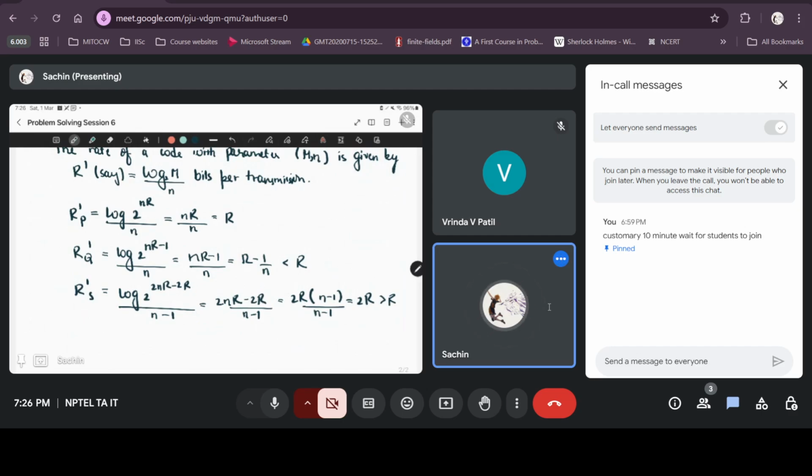If some other rate R dash is less than an achievable rate R, that rate R dash is also less than the capacity, which means it is also achievable. Shannon's coding theorem says if rate is less than capacity, then it's achievable, and its converse says that if rate is greater than the capacity, then it's not achievable.